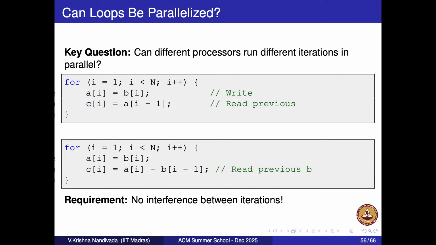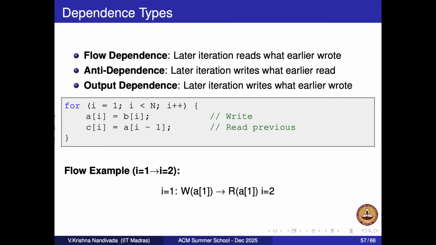Look at it this way. In iteration 1, I am writing to a sub 1, correct? In iteration 2, I am reading a sub 1, isn't it?